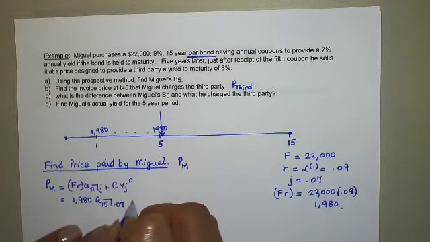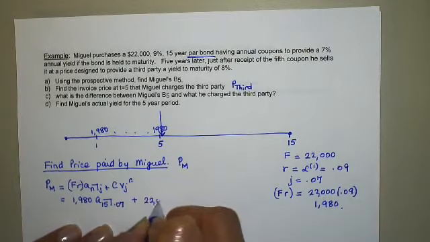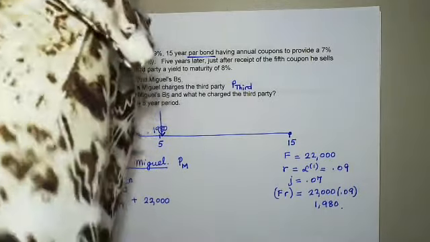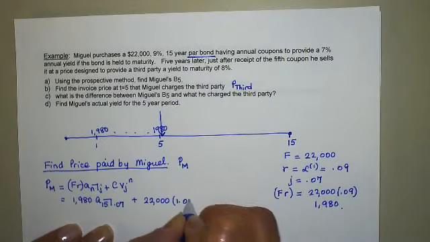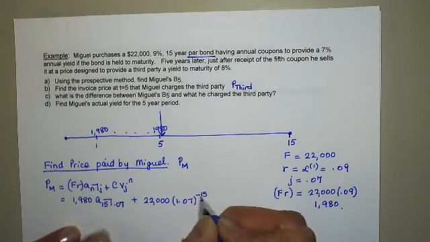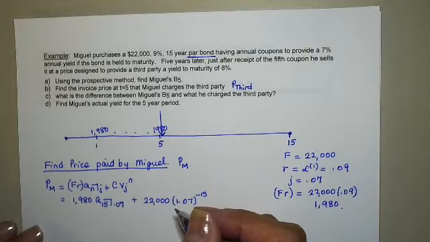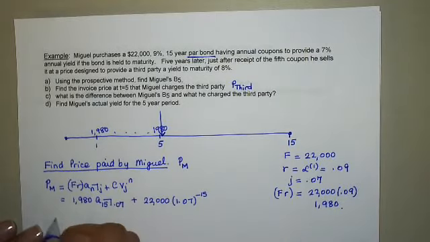So FR is 1980, A angle 15 at 0.07. They told us that his yield was 7%, plus 22,000, 1.07 to the minus 15 power.